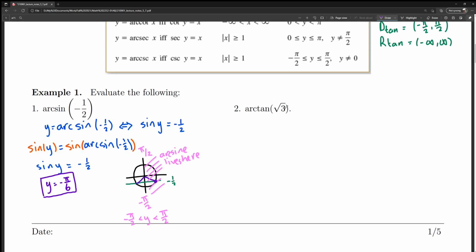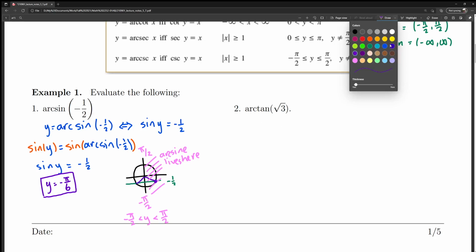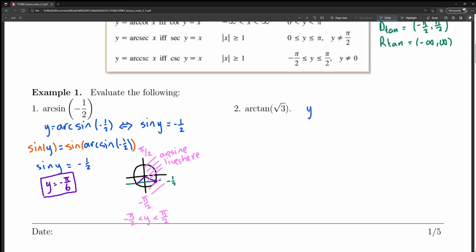Let's do another one. We want to find y equals arctan of square root of 3. And then we take the tangent on both sides.